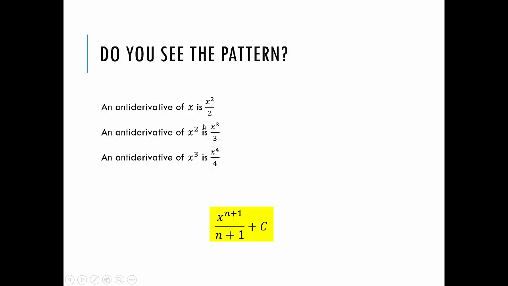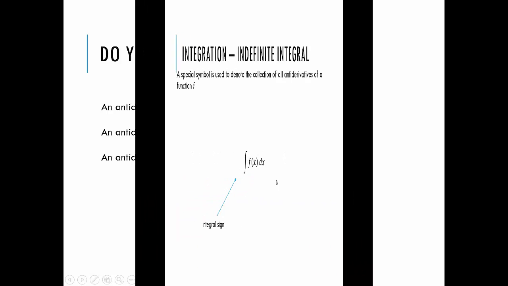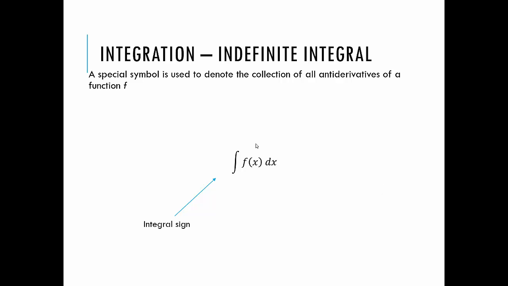If I want to find the antiderivative of x, it's x to the first power, so by adding 1, that would be my x squared, and whatever the power is becomes my denominator.